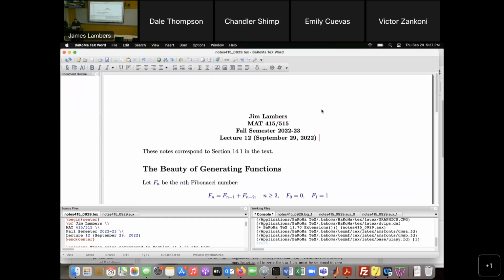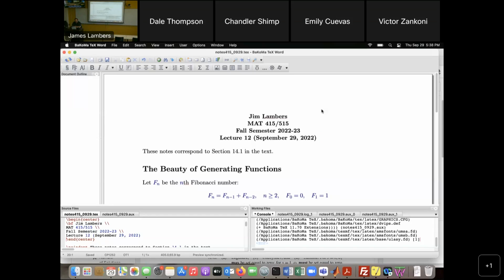One of the concepts that is introduced, or at least mentioned for the first time in this class, in that section is the notion of a generating function. And I like generating functions. I talked about them some when I taught a class in discrete math, at another institution. There are some interesting things that can be done with generating functions.